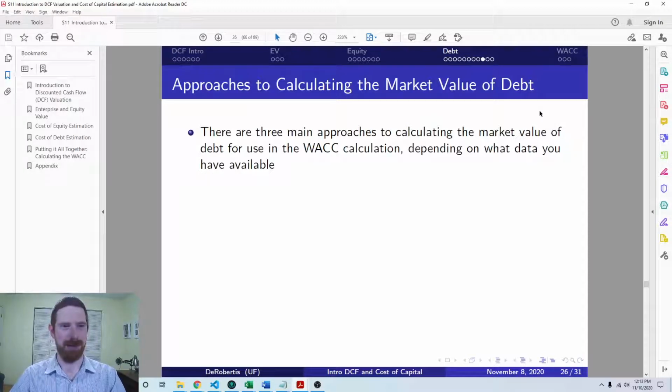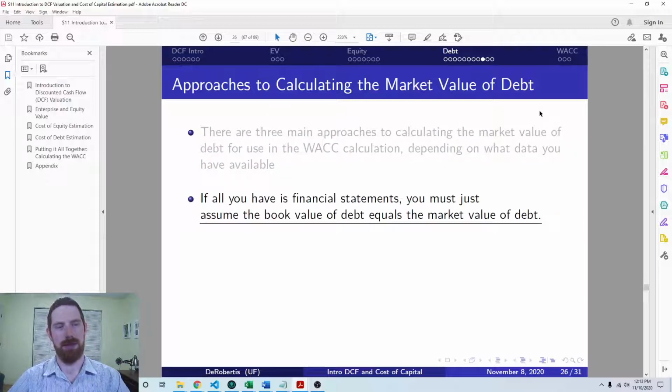So how do you go about calculating this market value of debt? We'll discuss 3 different approaches here, and similarly to the cost of debt, which approach you can use is going to depend on what data you have available, and some are going to be more accurate than others. The first approach is the pure financial statement approach.